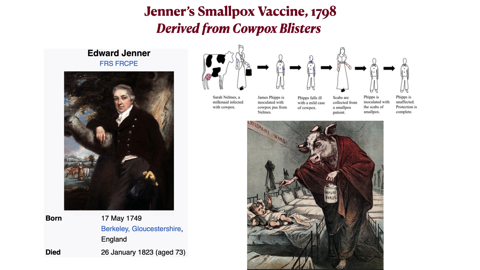So what Jenner did was to take a woman who had been infected with a cowpox virus, take pus from the sores on her hands, inoculate that into a child who got a mild case of cowpox, and then to inoculate the same person with smallpox.